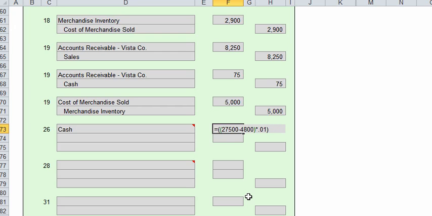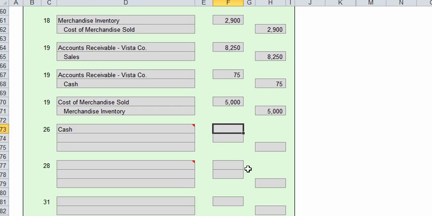So what we did, we took the original sales price, $27,500, from the 16th minus the return at the sales price, $4,800, from the 18th, and then we multiplied by 1%, the amount of discount offered back on the 16th.